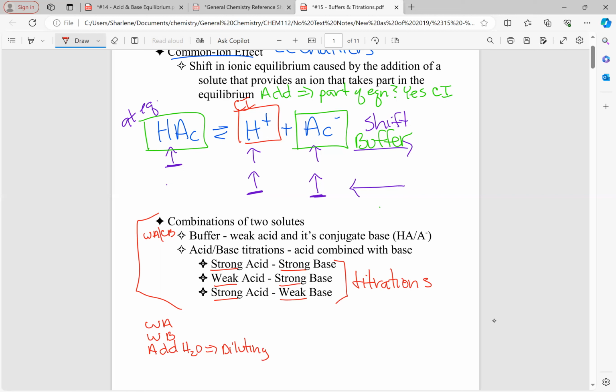I could have a buffer, which would mean I added the weak acid and conjugate base pair. I could have a common ion, which means I added an ion other than a buffer.